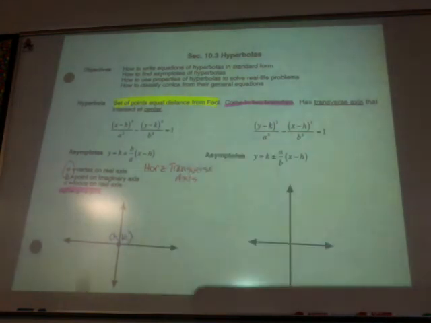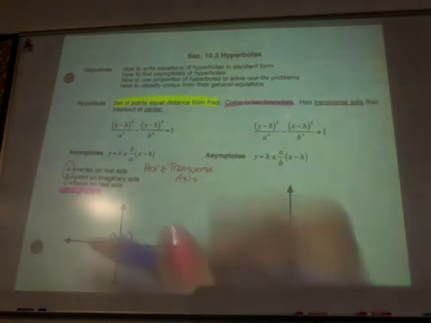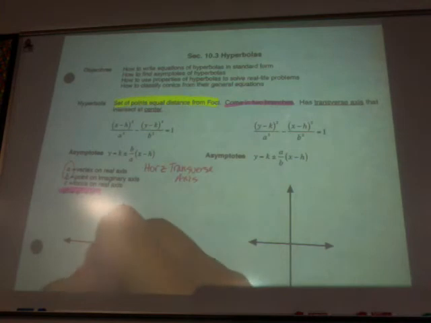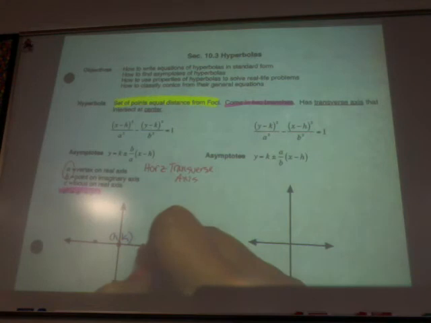So what that means is that my foci are going to be along the x-axis direction. So you're going to have a point, let's say about here and about here.